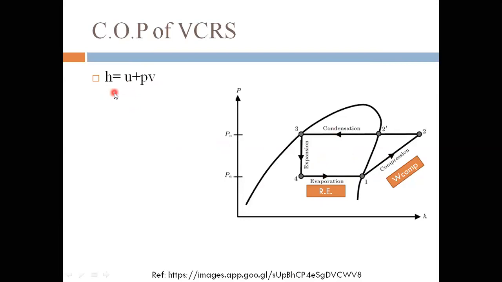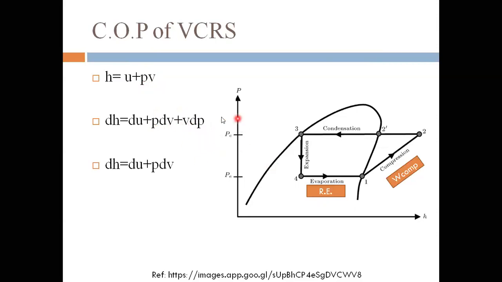So we will differentiate the enthalpy. We can write dH is equal to dU plus the differentiation of the two properties P and V: first dV with P remaining the same, and then P remaining to get the other differentiation of PV. So P dV plus V dP.